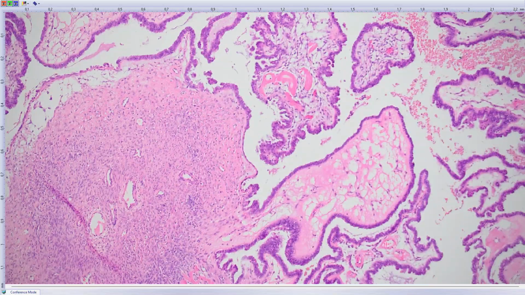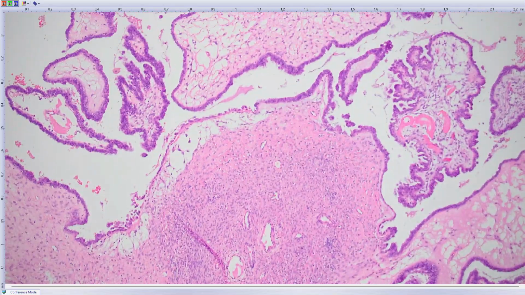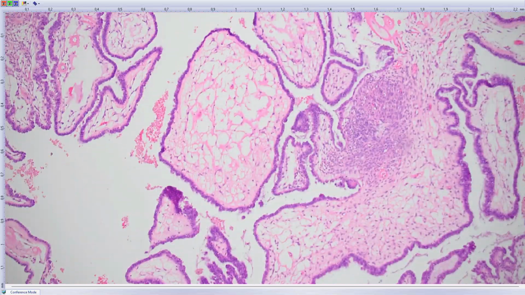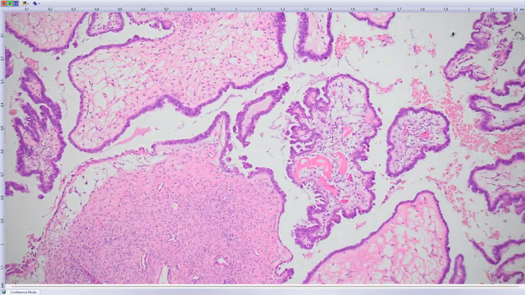So to summarize this, seromucinous borderline tumor arises from endometriosis, and architectonically it is a copy of serous borderline tumor. Regarding cytology, there is a mixture of Müllerian type cells.